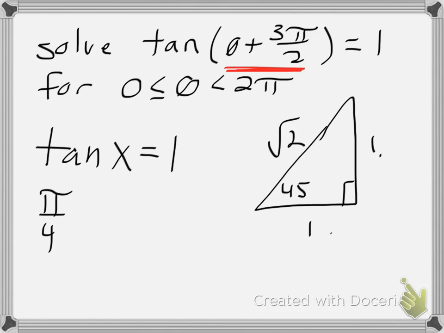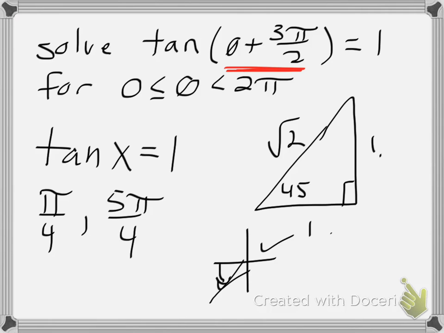Now, since I'm talking about tangent being positive, I have to consider that I'm in either the first or the third quadrant, so I have to consider all possibilities, meaning that in quadrant 1, I have, of course, pi over 4. Its equivalent in quadrant 3, using reference angles, will be 5 pi over 4. So these are the two angles that I have to consider.